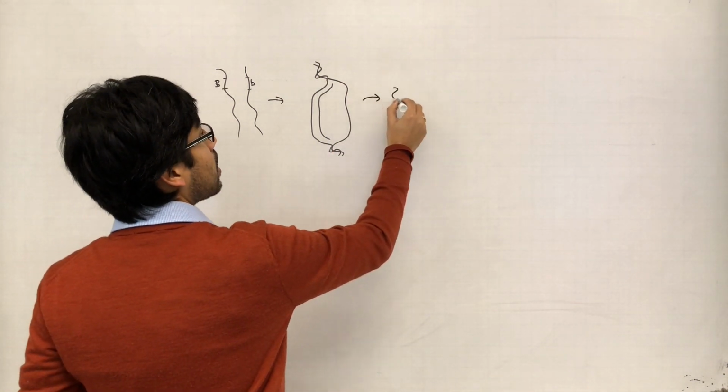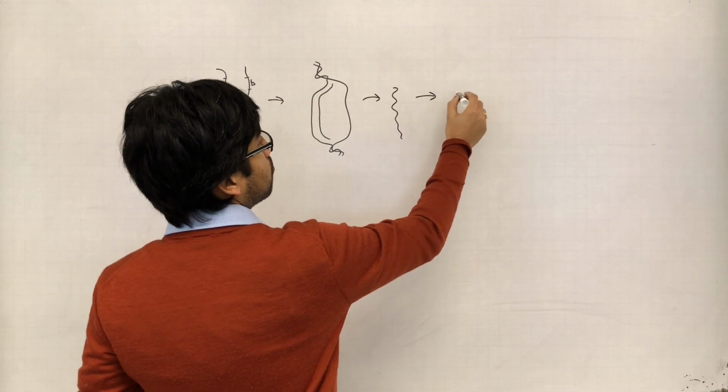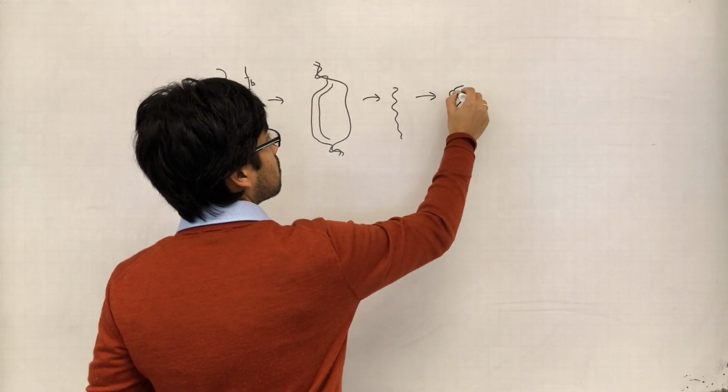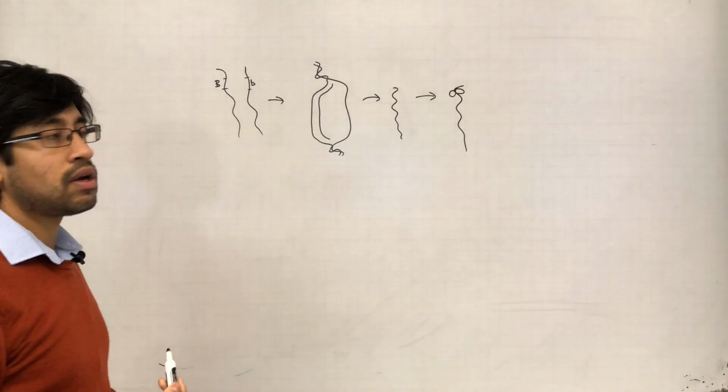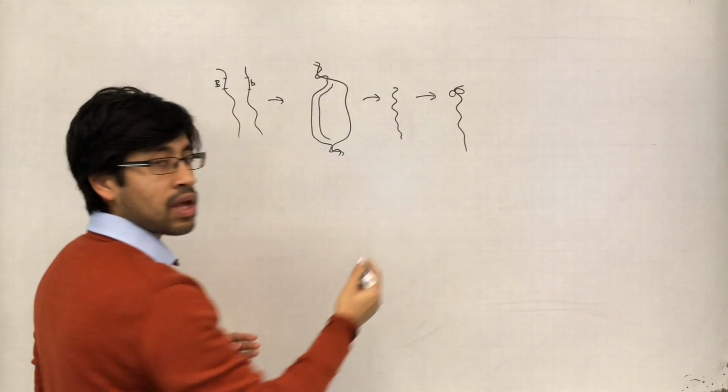The mRNA will then go into the cytoplasm, where a ribosome will bind to the mRNA and move along it.